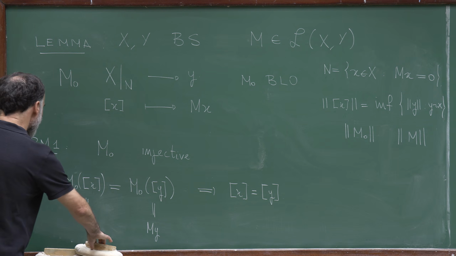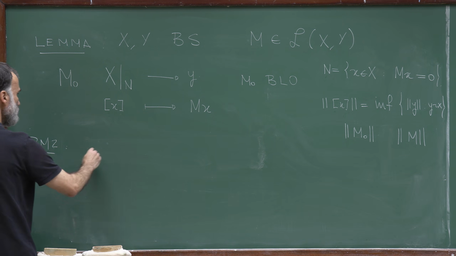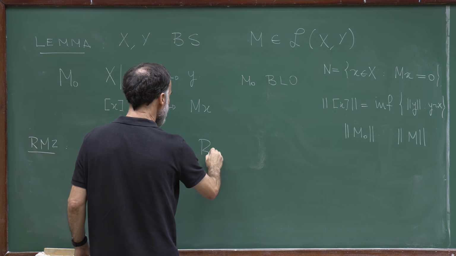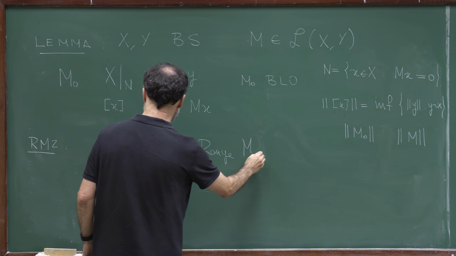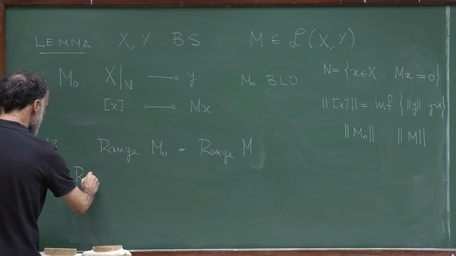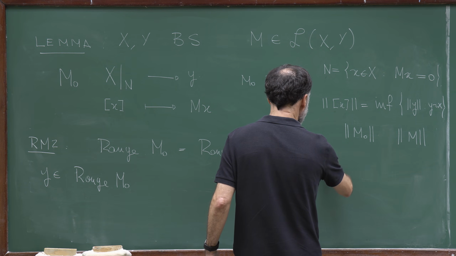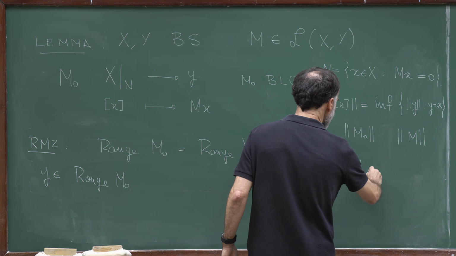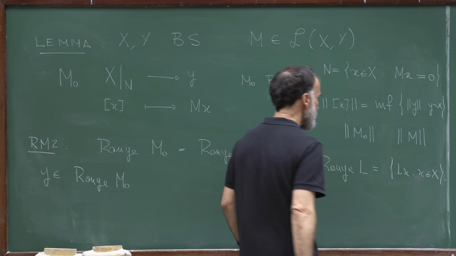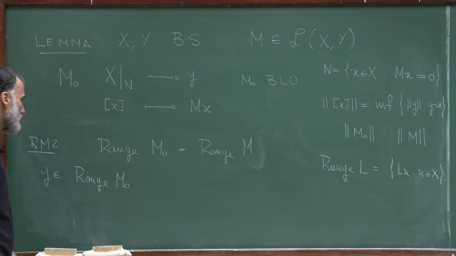The second remark, and my last remark in this lecture, is that the range of M0 is equal to the range of M. Recall the range of an operator L is the space of Lx with x in X, the image of L. So let's assume that y belongs to the range of M0.